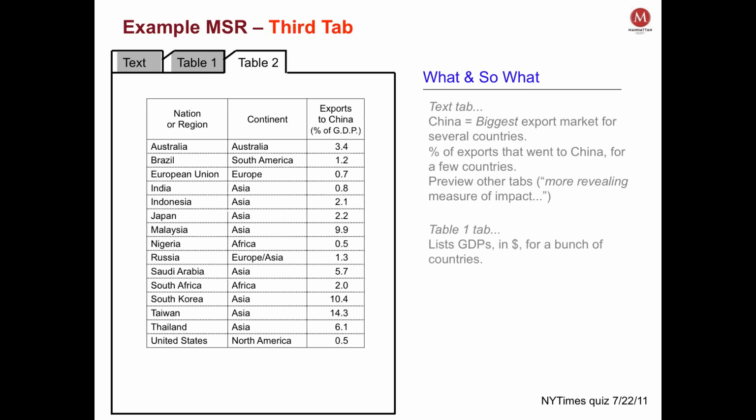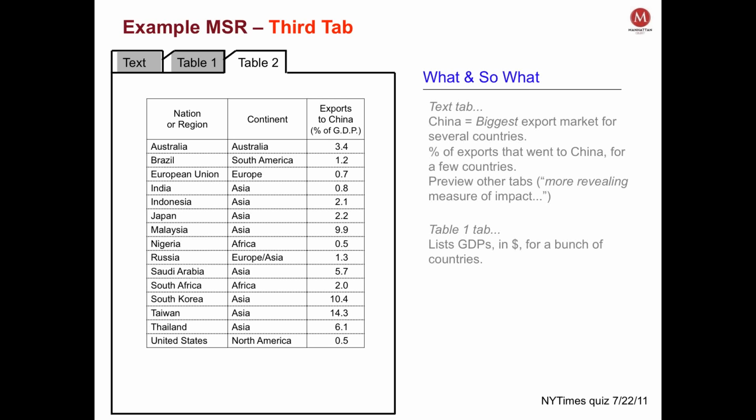Let's take a look at table 2. Now we see nation or region, we see continent, exports to China as a percentage of GDP. So same sort of thing going on in this table, right? We do have some overlap.